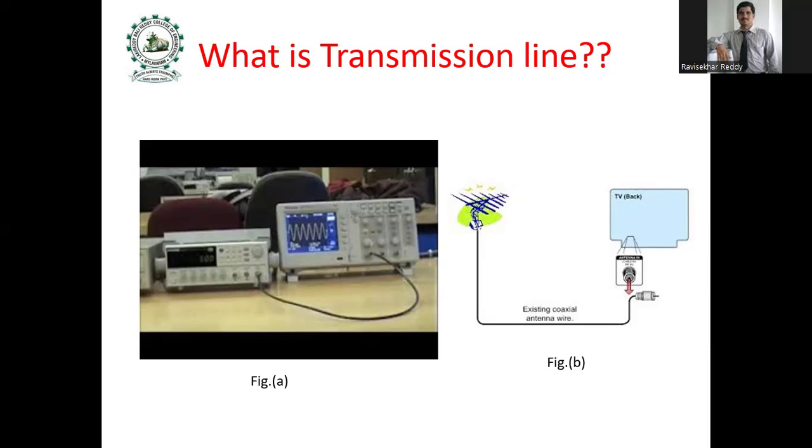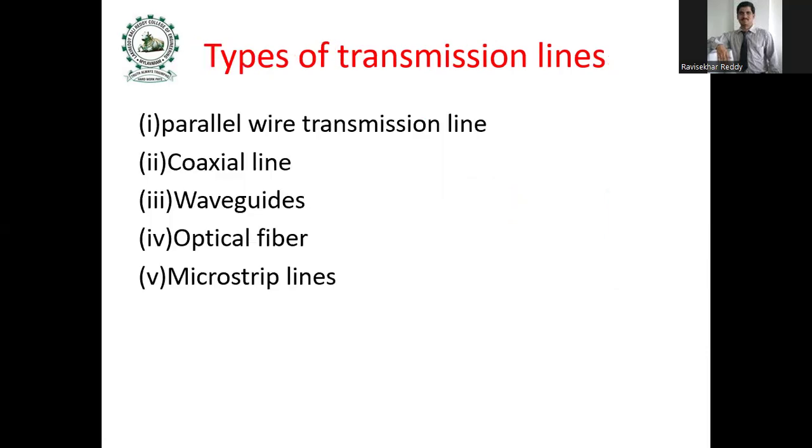So here, the transmission line sends information from the antenna to the TV. There are different types of transmission lines: parallel wire transmission line, coaxial line, waveguides, optical fiber, and microstrip lines.